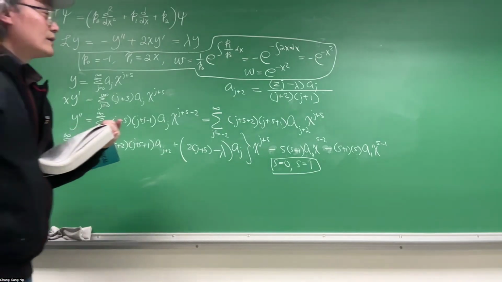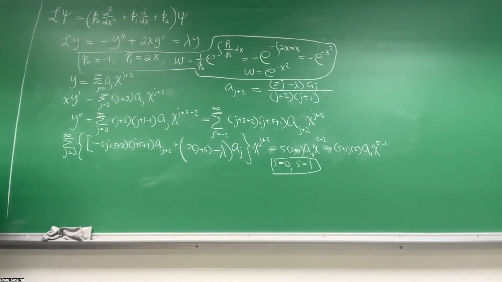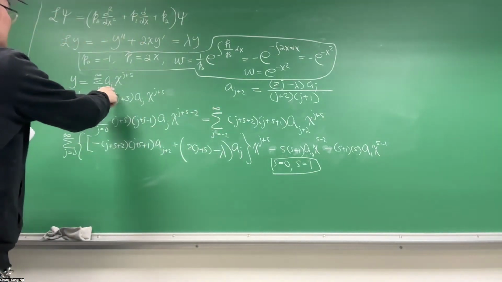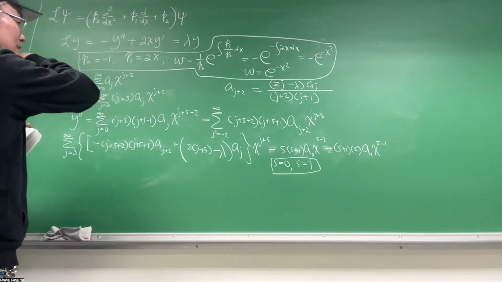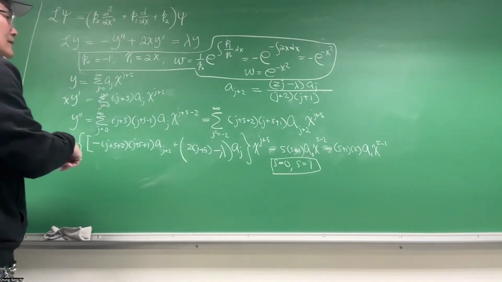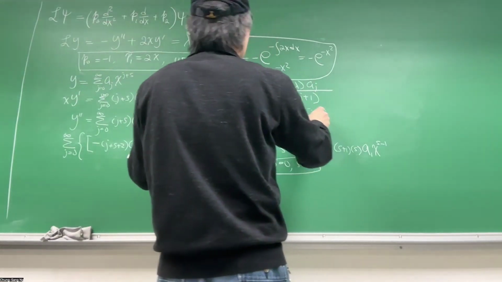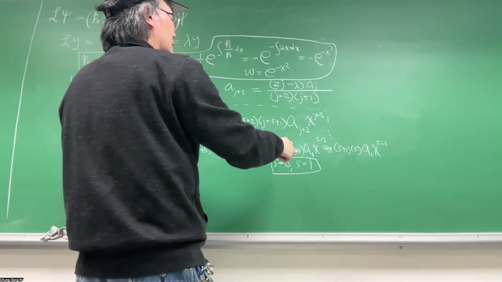Now the idea is you want to test convergence, whether the solution is well behaved, and we can look at the convergence by the ratio test, right? And the ratio test is basically this divided by that and multiplied by x squared.